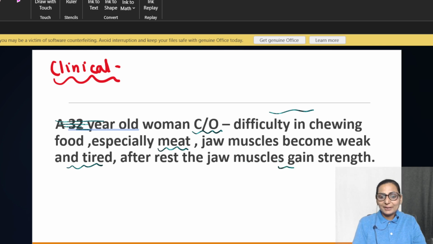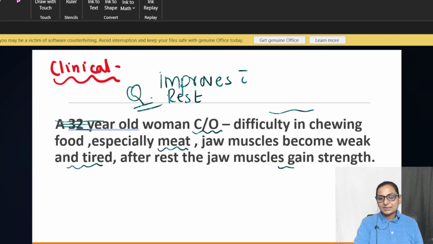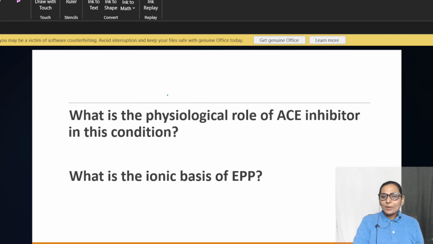So this is a very, very typical history that whenever a patient is working more, there is going to be exhaustion or fatigue, but that improves with rest. That it improves with rest is a very important diagnostic clue for a condition associated with NMJ. So I can put different questions to you, okay?